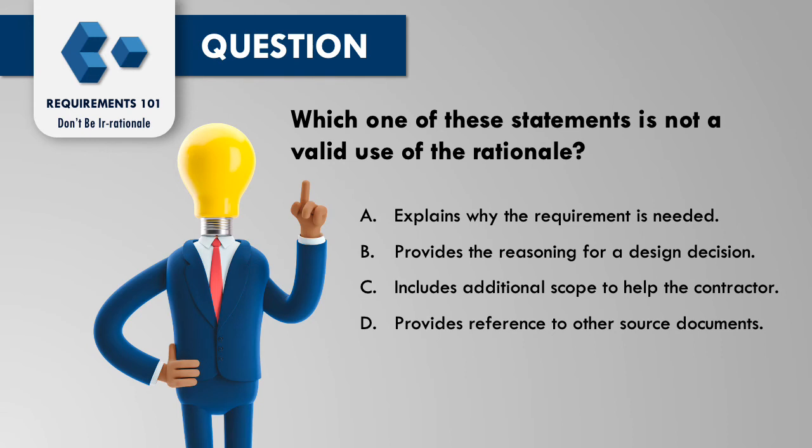Including additional scope in the rationale to help the contractor is not a legitimate use of the rationale, no matter how helpful you think it may be. If the contractor needs more scope, please capture this as separate requirements, and preferably in the scope section of your document.